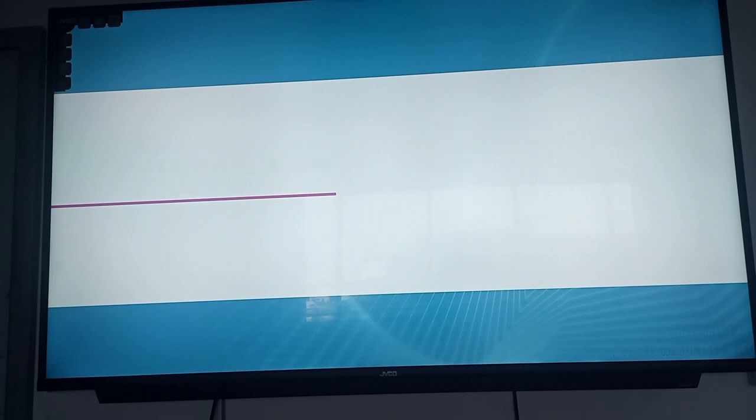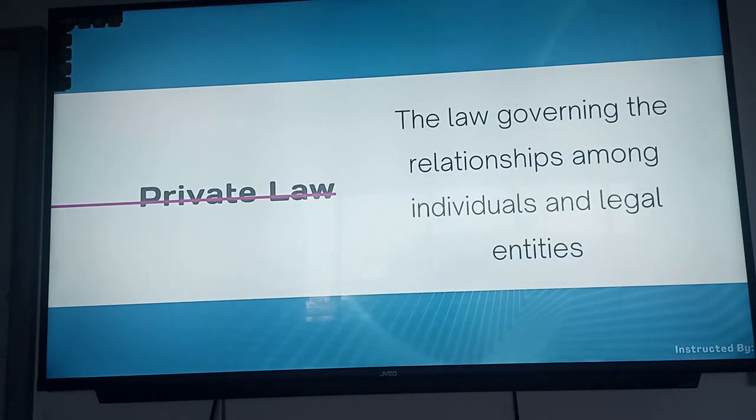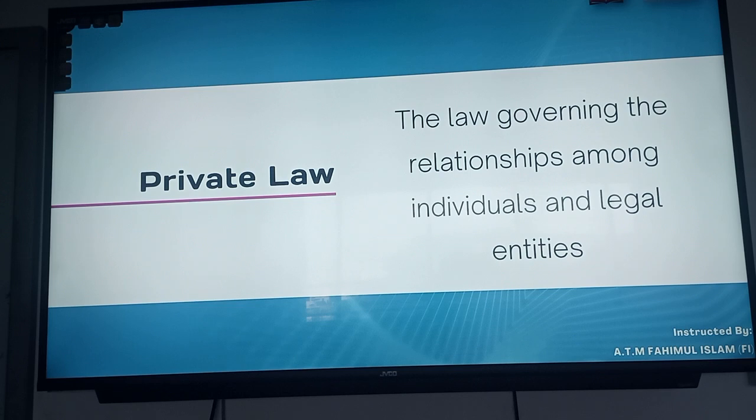What about private law? Private law is the law that governs the relationship among individuals and some legal entities. If we talk about examples, we can give many examples regarding private law. An example can be contract law.